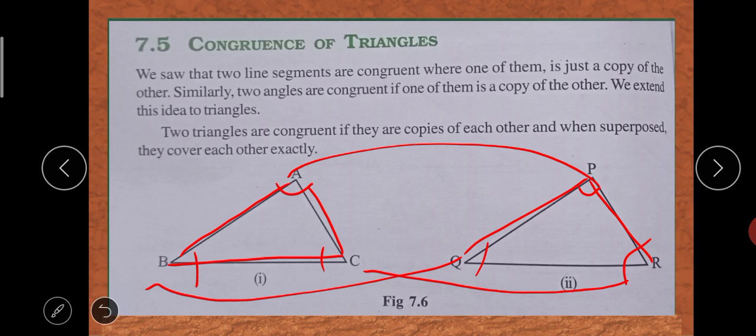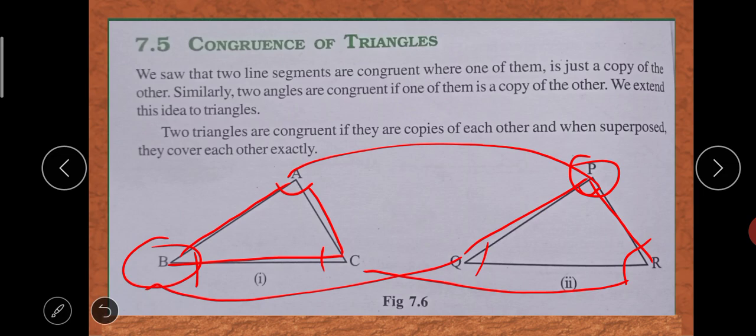If you place this angle PQR on ABC such that P falls on B, now we turn it. The P point will be joined to B. Then will the other vertices also correspond there? Let us see.